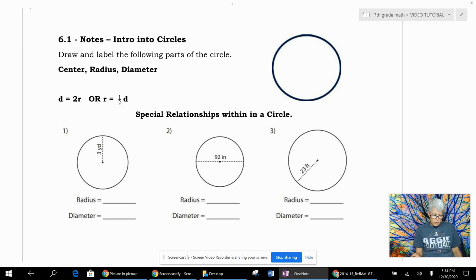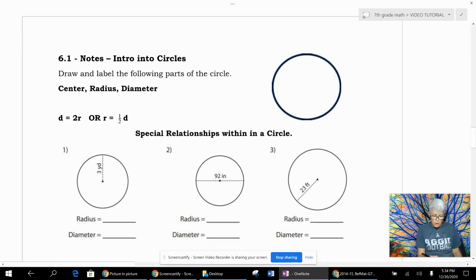Again, I'm going to go ahead and draw. I want you, on your picture that you have, to go ahead and put a little dot in the middle, and that is the center. And if you want, you could put a little C there, but probably you can remember that that's the center, because look, that's what we're covering: center, radius, and diameter. All right, I'm going to draw a line all the way across.